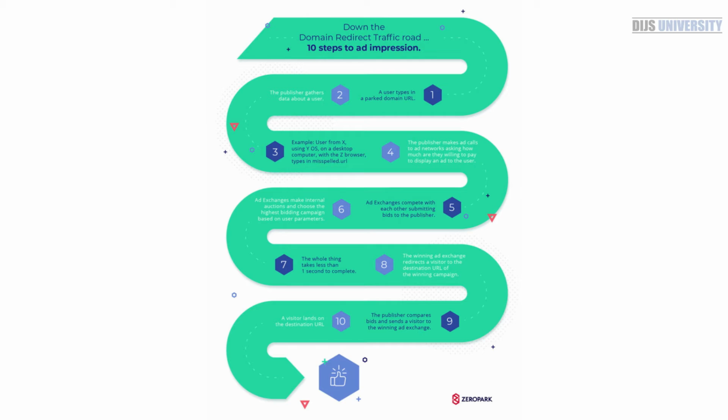Once the redirection is triggered and a parked domain website starts loading, a real-time bidding auction among advertisers takes place. All of this happens in the matter of a second. While this page is loading, the advertiser offer that is selected is where the user gets redirected, and that's the landing page that they're going to land on.